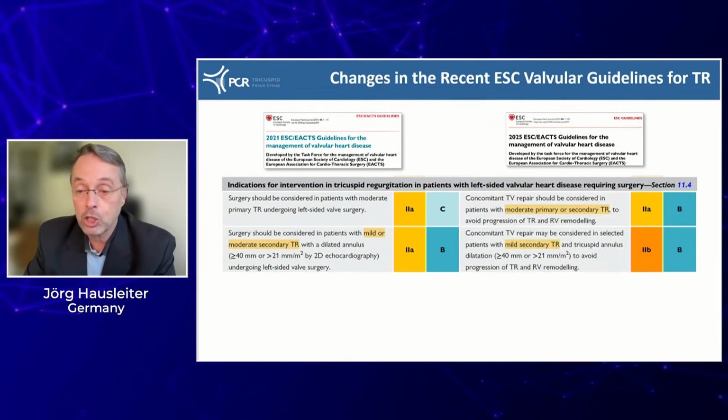But this has changed, and there is a little bit of a downgrading of this recommendation. Right now, only patients with moderate TR should get a concomitant tricuspid annuloplasty, while those patients with mild TR now only have an indication of class 2B and a level of evidence of B. So why is that?